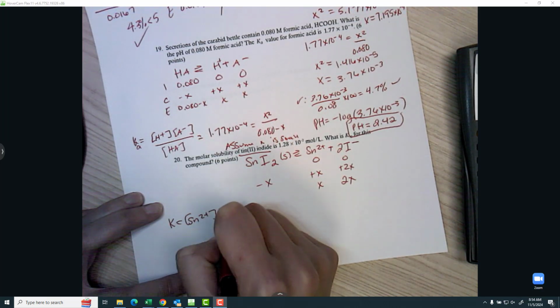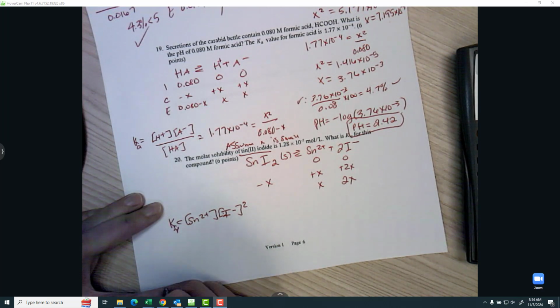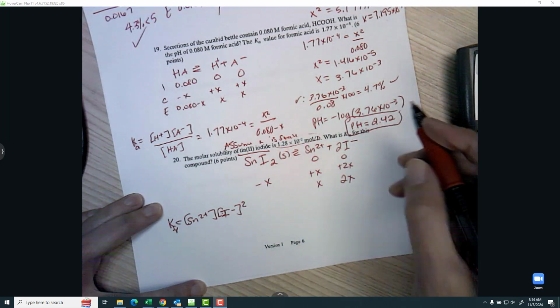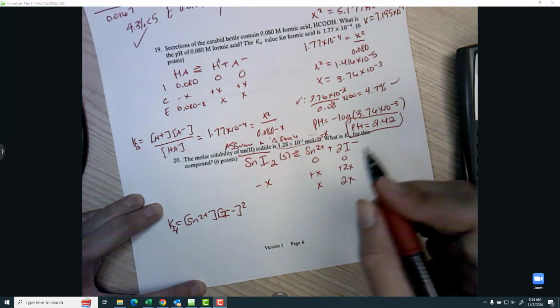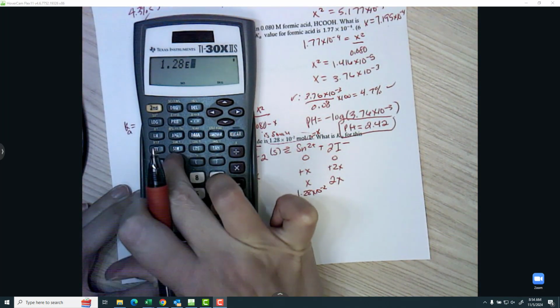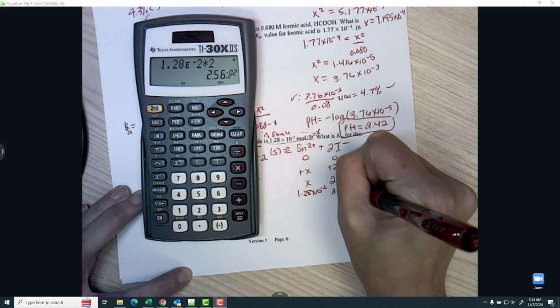And at this point, honestly, I hadn't even read the question. I just assumed that they gave me the Ksp, but now I'm noticing that actually, no, what they gave me was the molar solubility. Okay, so it doesn't change anything. I'm still doing that fine. That would be my x, right? Molar solubility is how much will dissolve, which is x. So that number is getting plugged in here for x and 2x.